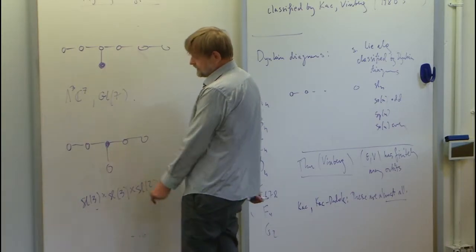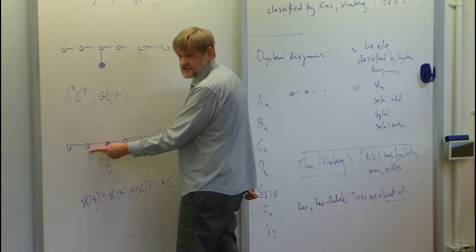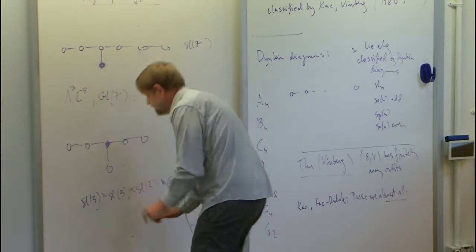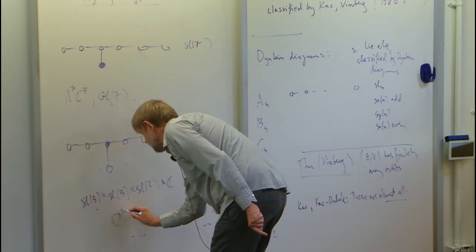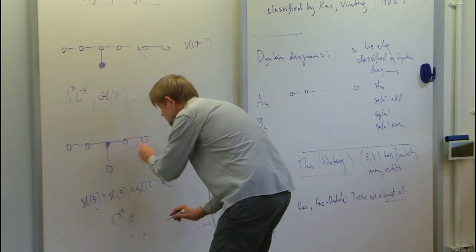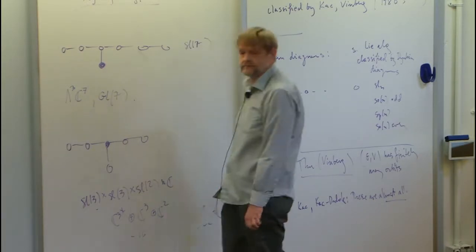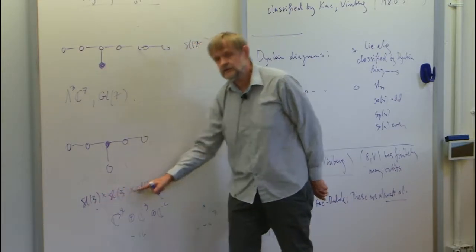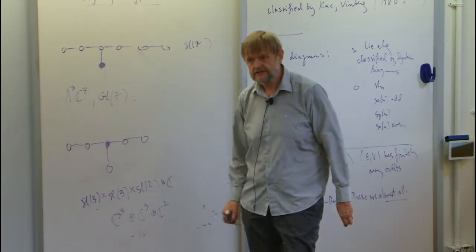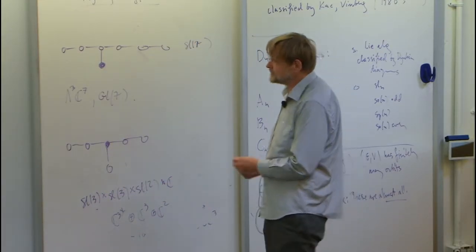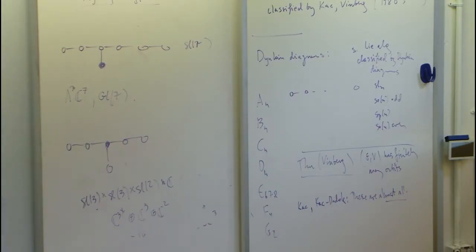But now what's the representation? Here it touches the second, so it will be C3 star tensor C3 tensor C2. And as a group you would have to take the product of SL3s and one copy of C star. All right, so you can see this from the diagram, a nice exercise.